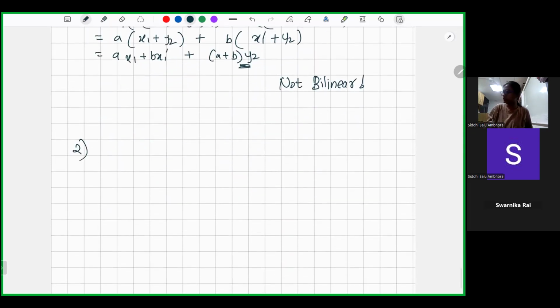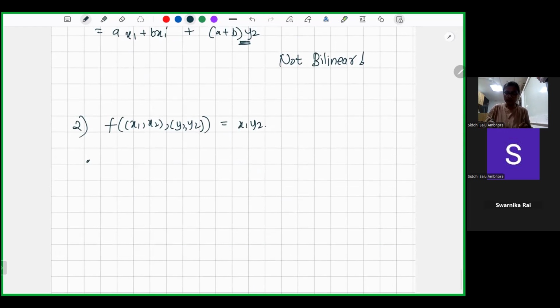the second one is this (x1, x2, y1, y2) going to x1 y2. And we have to now check again the same properties. This f of (a x1 plus b x1 dash, a x2 plus b x2 dash), comma y1, y2.